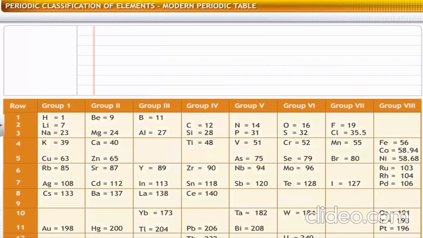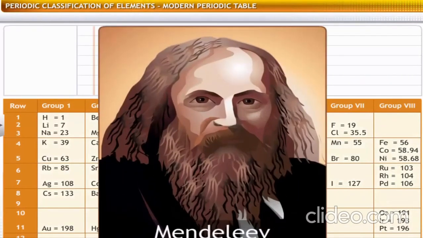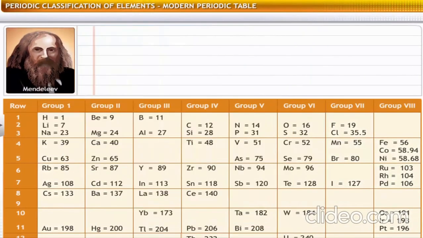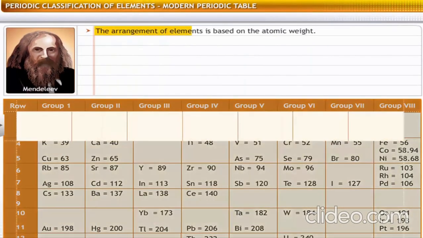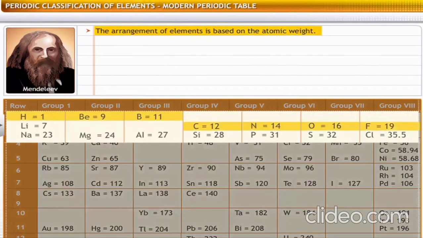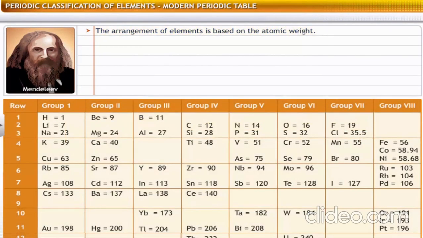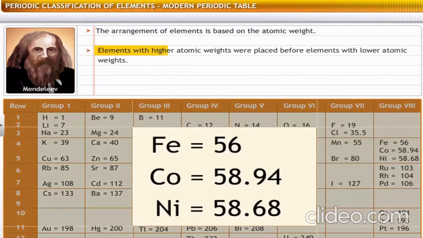The periodic table developed by Mendeleev was intended to illustrate the arrangement of elements using atomic weight as the basis of classification. However, this arrangement showed some anomalies, like elements with higher atomic weights being placed before elements with lower atomic weights.